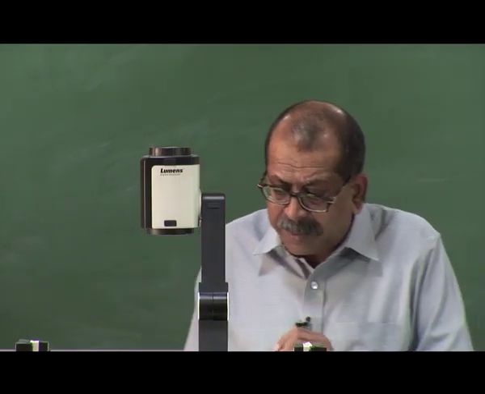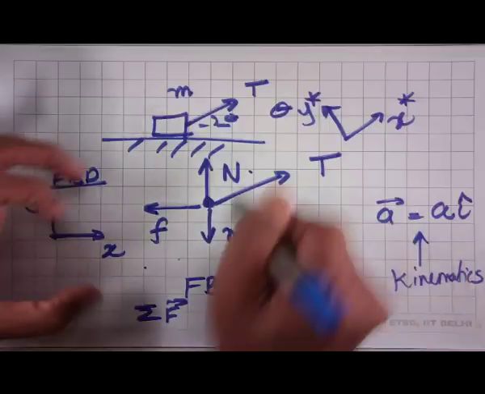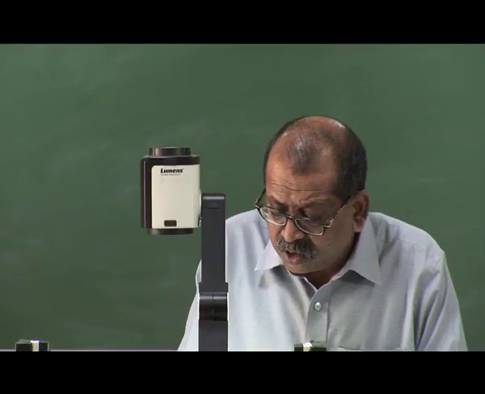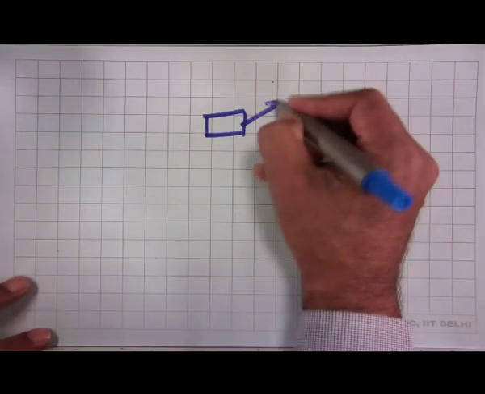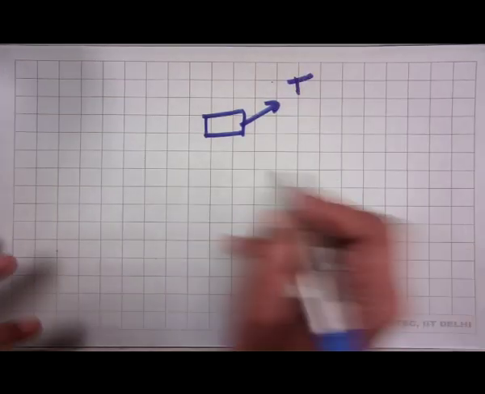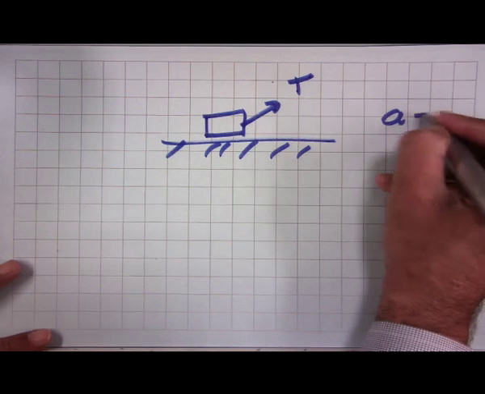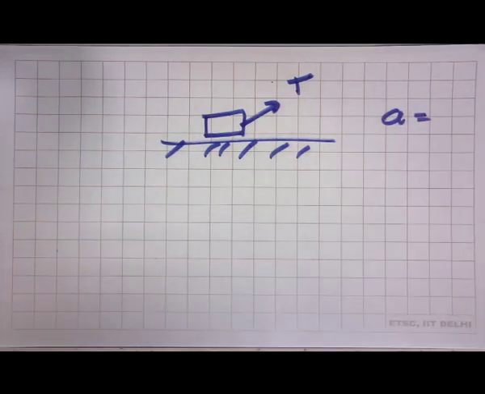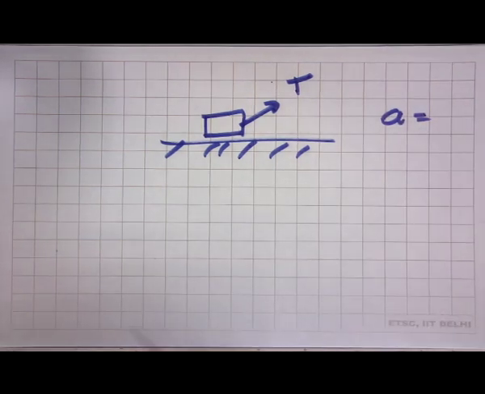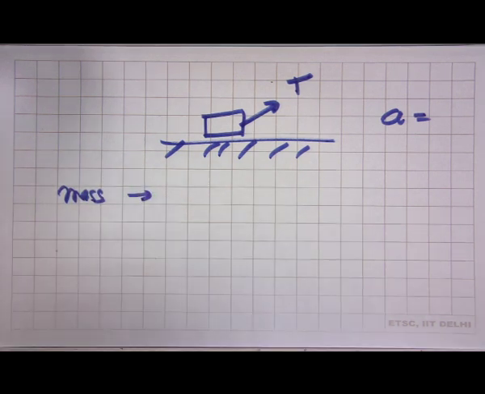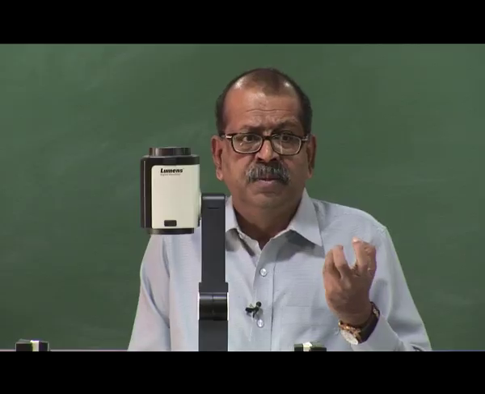Now, what will happen is if we try to look at a physical problem, the physical problem which I have told you is, okay, this is a block, this is being pulled by a force, and because of which it is lying on this table and it moves with an acceleration. Now, physically when you look at this problem, the mass of the block is something we will be able to know, and that will be given to you in most problems.